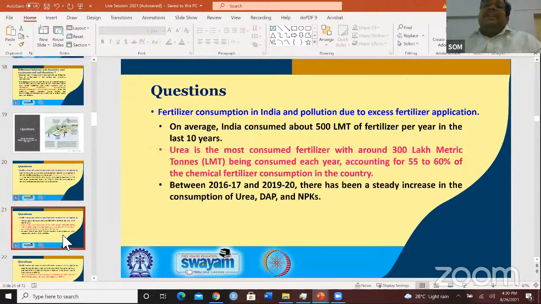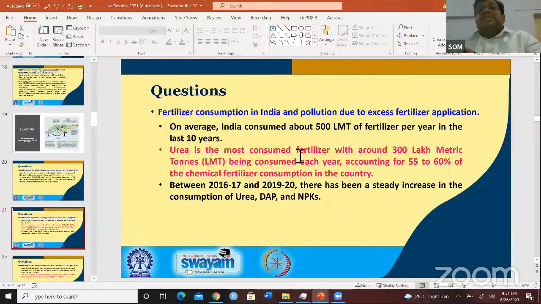On average, India consumed about 500 lakh metric tons of fertilizer per year in the last 10 years. Among all the fertilizers, urea, which is the source of nitrogen fertilizer, is the most consumed, with around 300 lakh metric tons consumed each year, accounting for 55 to 60% of the chemical fertilizer consumption in the country.